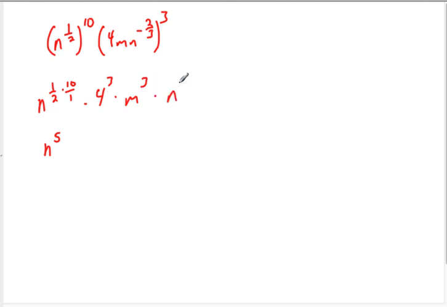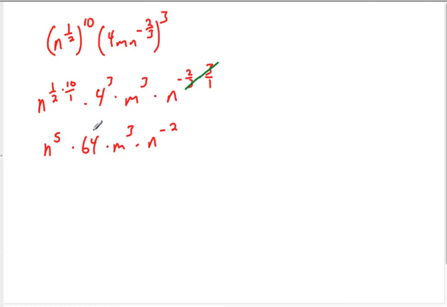And this n is to the negative 2/3 times 3, right? And so we can fruit ninja that. So it's going to end up as a negative 2. So we have 4 to the 3rd, which is 64, I think. And then we have an m to the 3rd. And then we have an n to the negative 2.